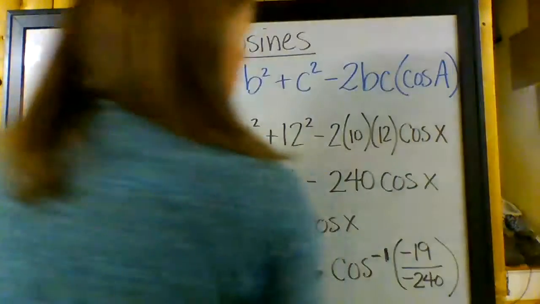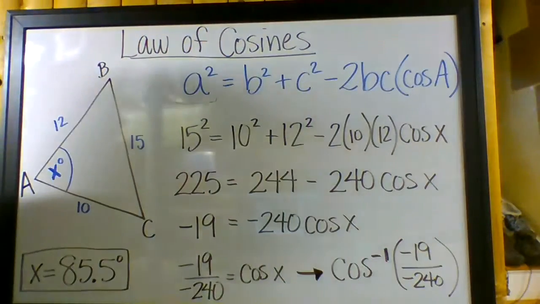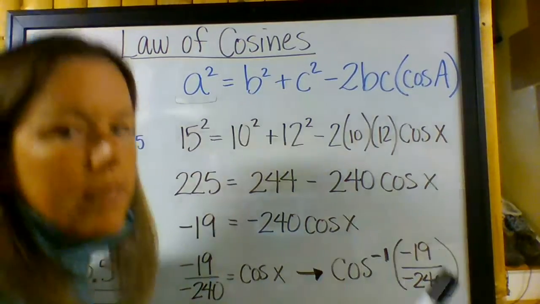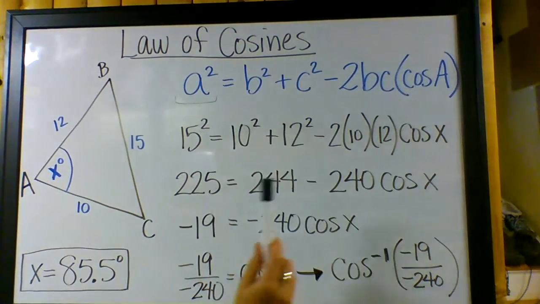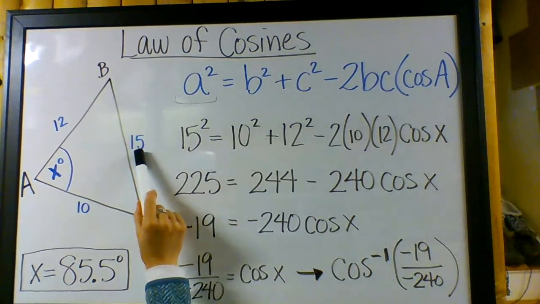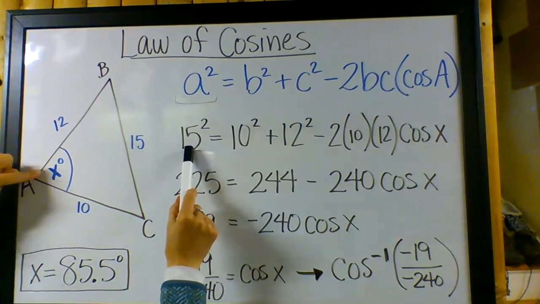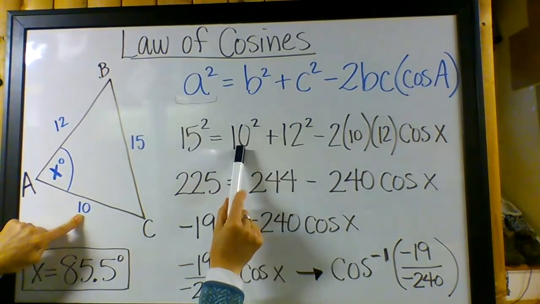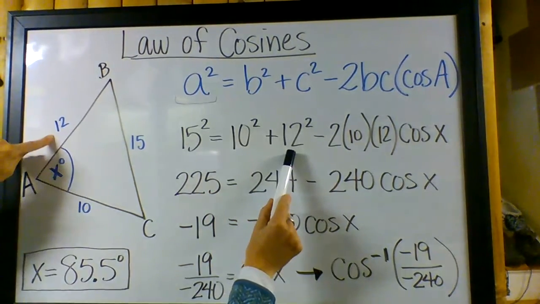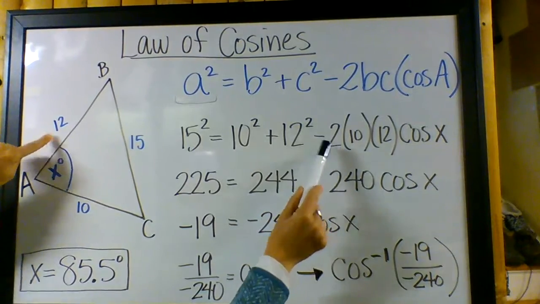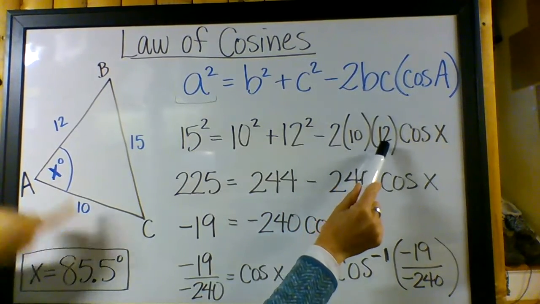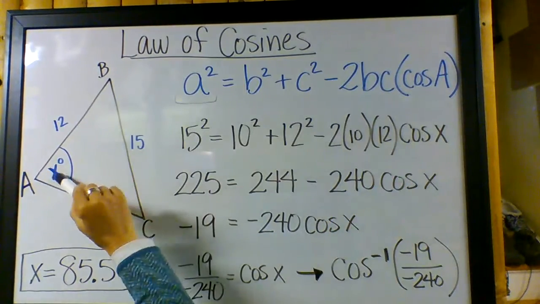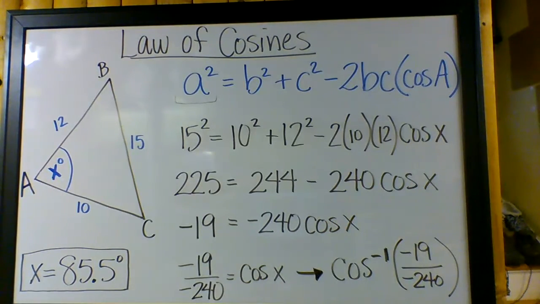Let's take a look here at what we've got. So I plugged this in. I plugged in 15, which is the side opposite the angle. 15 squared equals one of the other sides squared plus the third side squared minus 2 times the second side times the third side times the cosine of the angle, which is cosine x, okay?